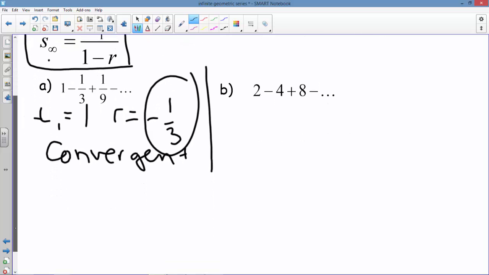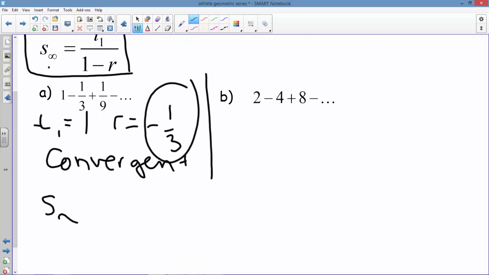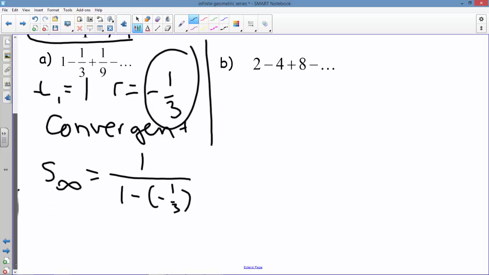So we can use the formula up there. We can say S infinity is the first term, which is 1, over 1 minus -1/3. Now take a second to try and simplify that on your own. I'm going to actually do the math here.